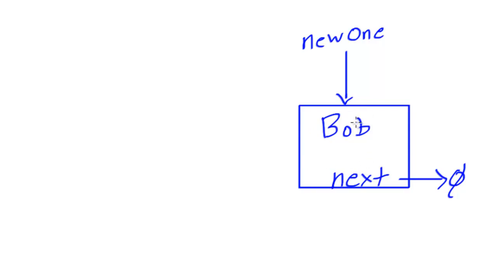And now we get to the point where we have to make some decisions. So we could be in the situation where our head pointer is pointing to null. So this is indicating that we have an empty linked list. And if that's the case, the situation is really easy. We just simply need to assign the address here, which is held by new one, to head. So we're just taking this value here and assigning it to head. So head's a pointer that points to contact nodes.